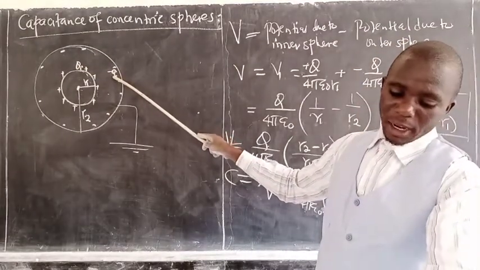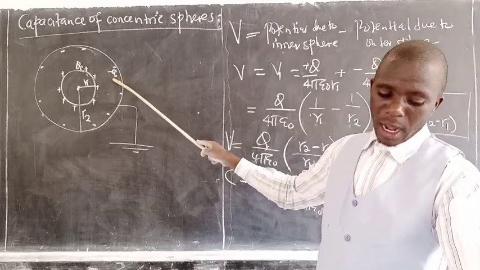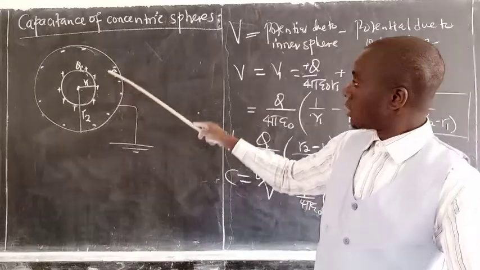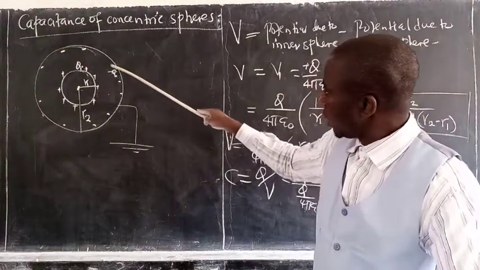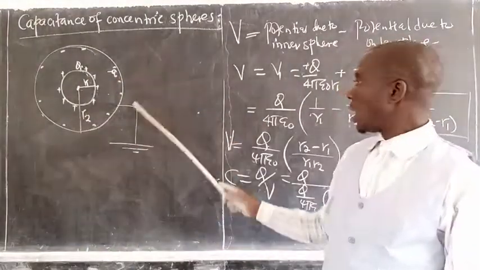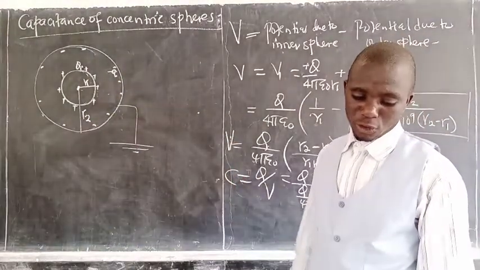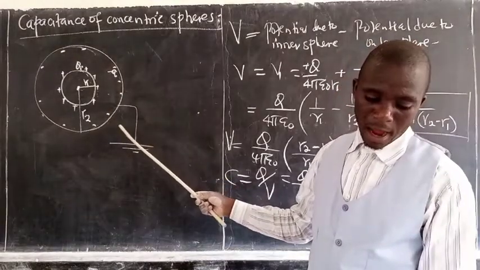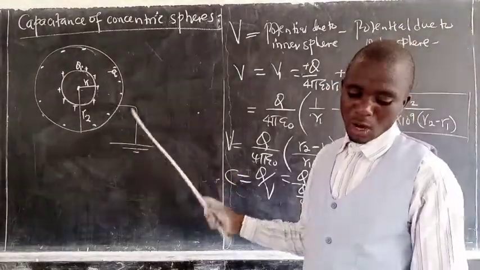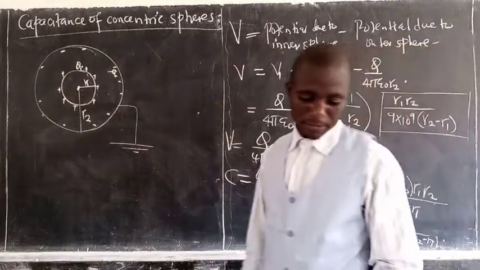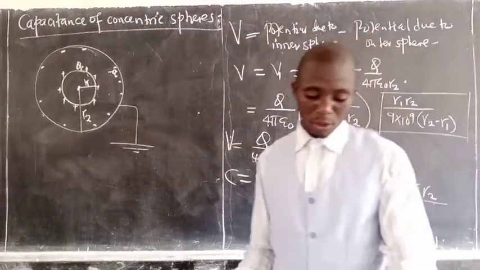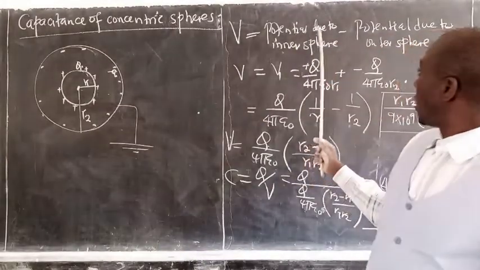Negative charges of magnitude Q are induced inside the outer sphere, and no charges are on the outer sphere, since the positive charges there are neutralized by negative charges from the Earth through the Earth connection. So that's the arrangement.